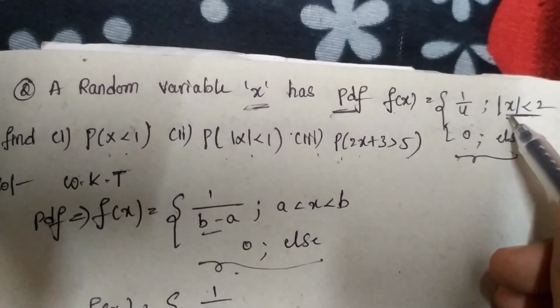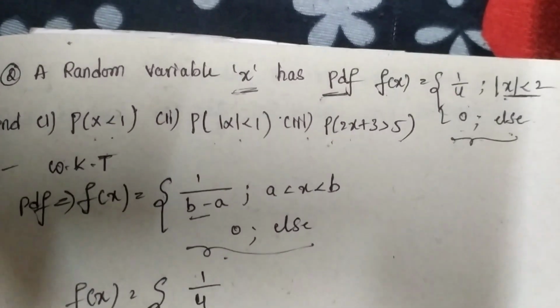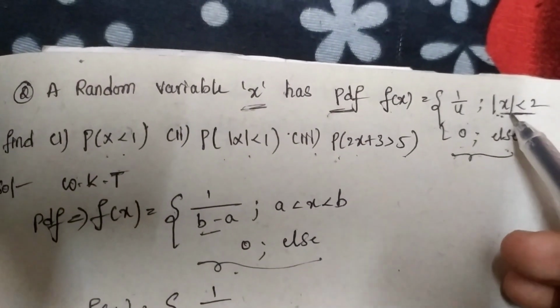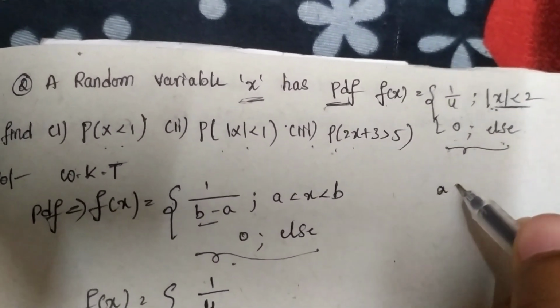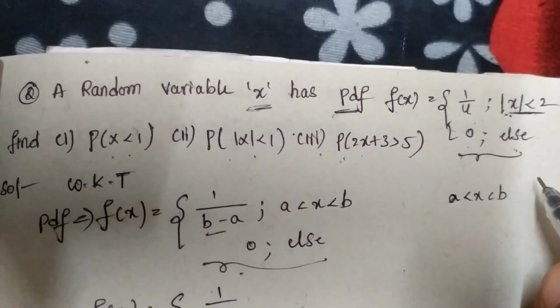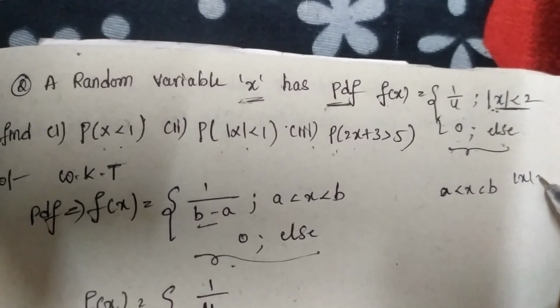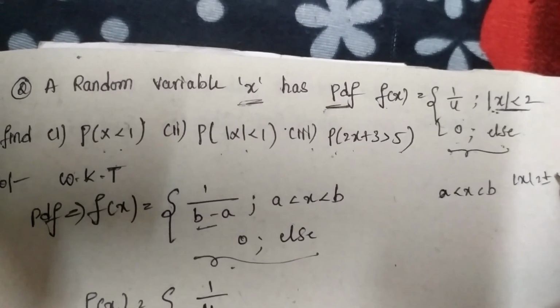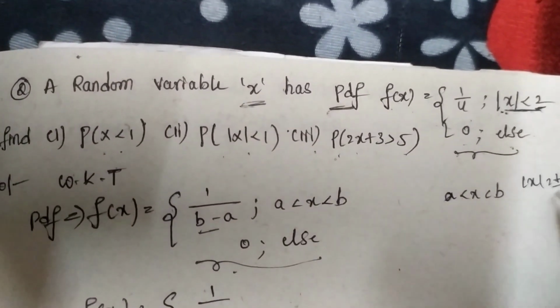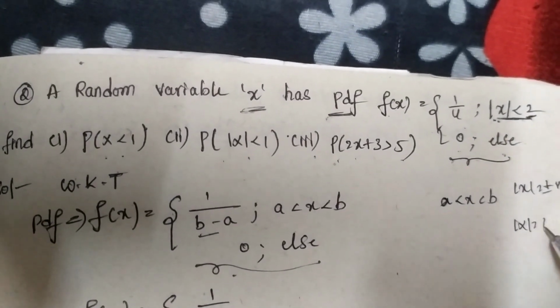We know the key point: if a question has a mod type function, we have to change it into the form a less than x less than b. Here mod x means plus or minus value, and the value is 2, that is mod x equals plus or minus 2.